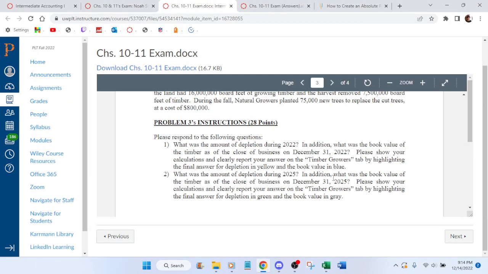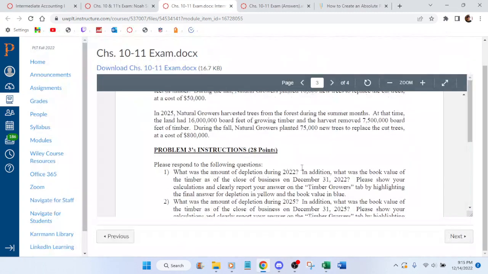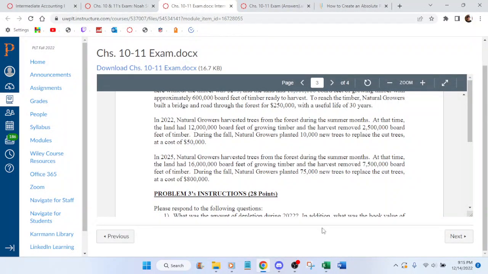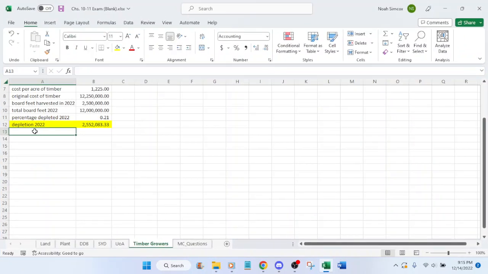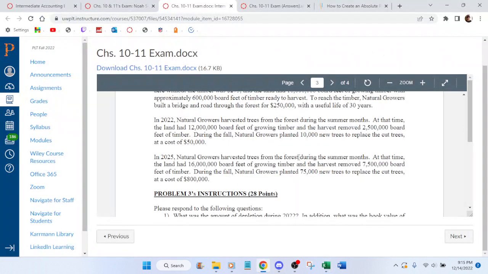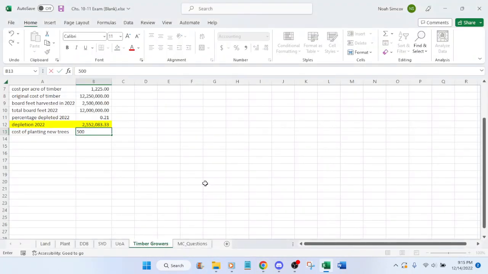And now what are we looking for? Book value at the end of 2022. Oh, but don't forget, they planted more trees. So cost of planting new trees is going to be $50,000.